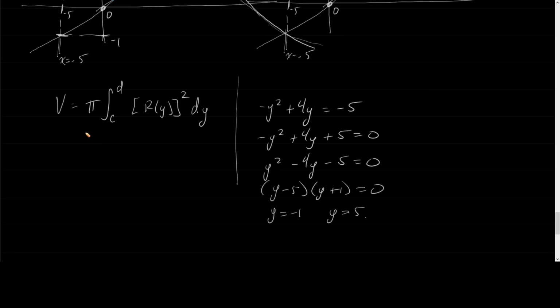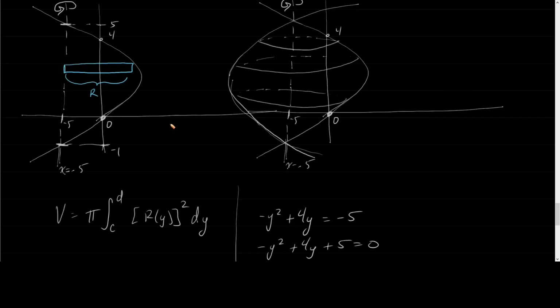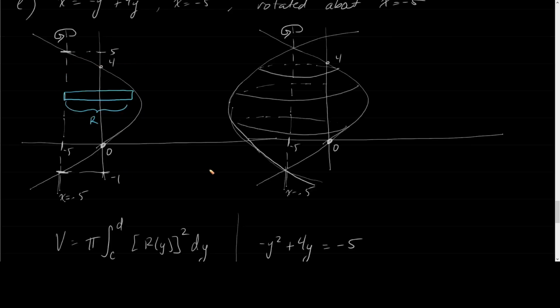Okay, so we have now C and D, but we also need our radius function, right? Our radius function. So that's this entire distance. And in general, the distance between here is going to be the big value minus the small value. So that's the distance between two things.